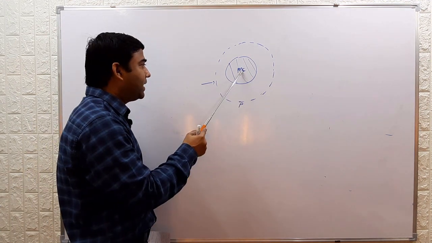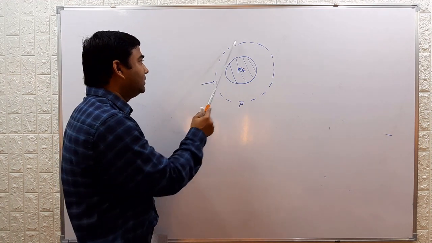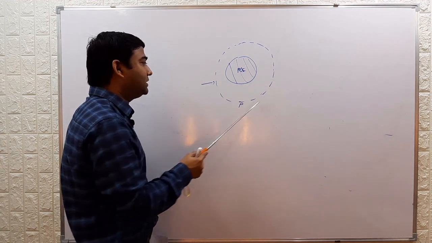By symmetry, the magnitude of the field will be the same at all points on this sphere.